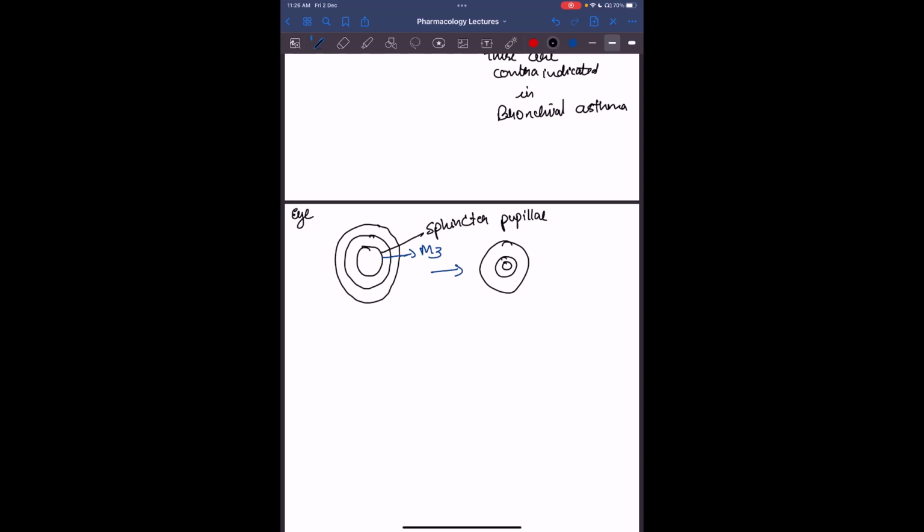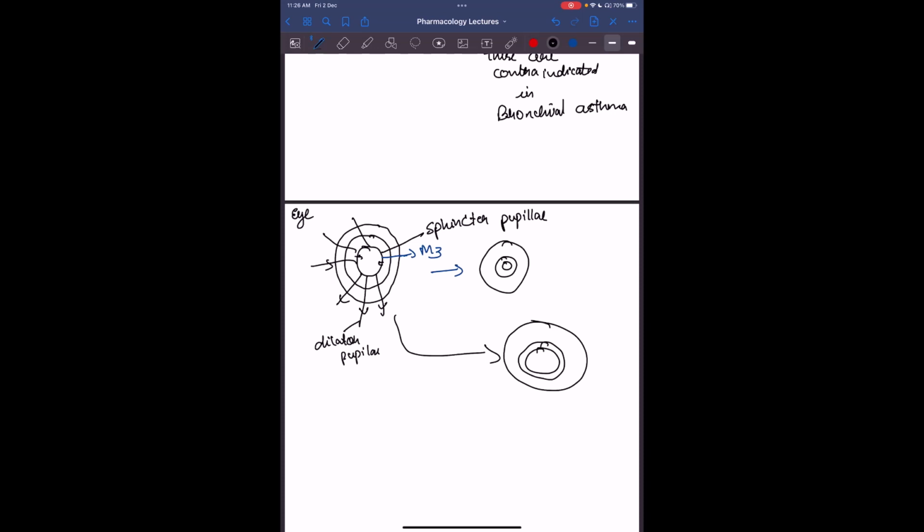And we have over here the dilator pupillae also with it. This is a muscle. By the name itself, it causes dilatation of the pupil. This causes constriction, this causes dilatation.